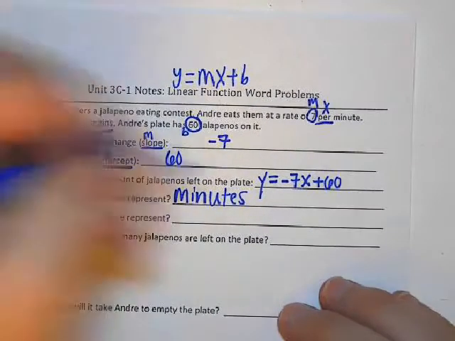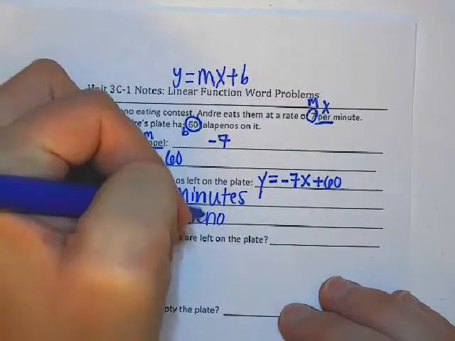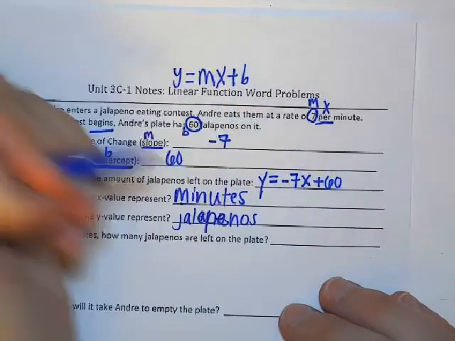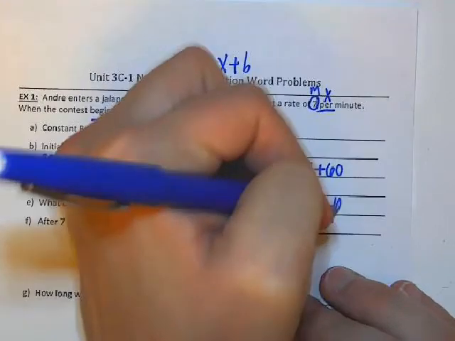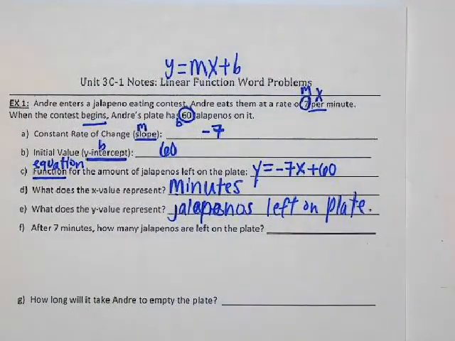So my y value is jalapenos left on plate. It's not how many he's eaten. It's how many are left on the plate. Everybody hear what I said?